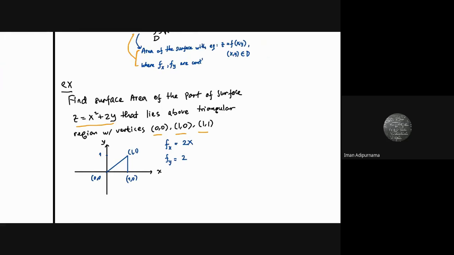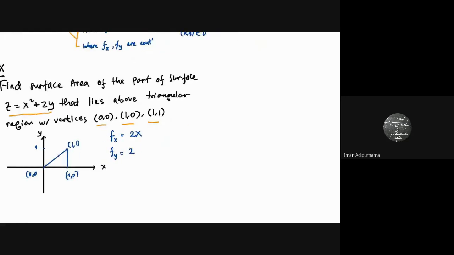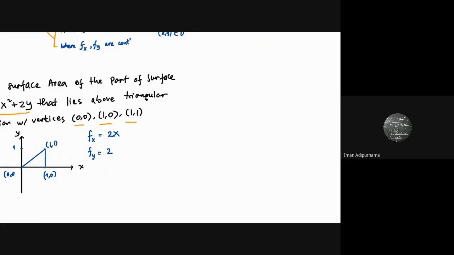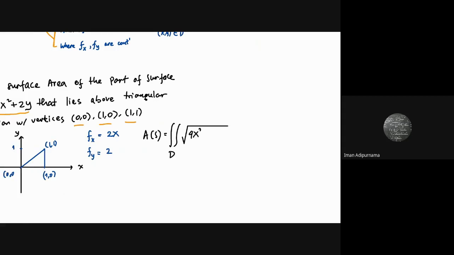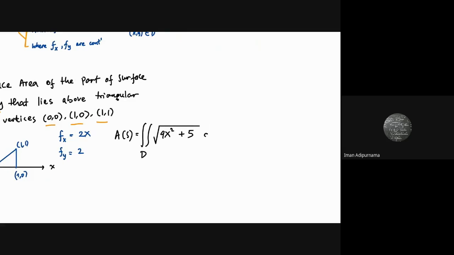And then we can plug in to do our equation. Let's say this is R, or maybe D. You can write it first here. And then we have partial x squared is 4x squared, right? Squaring 2x and squaring 2 becomes 4, and then plus 1, so plus 5. Okay? And then you can write dA.